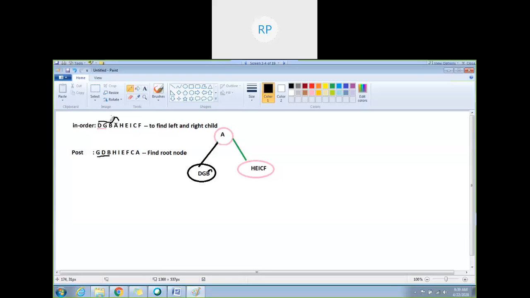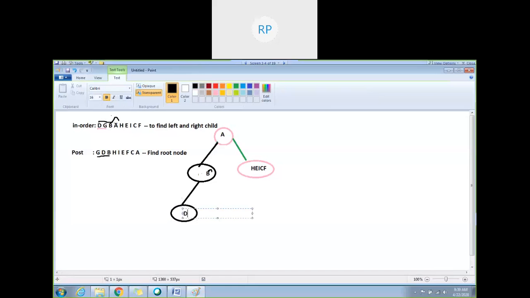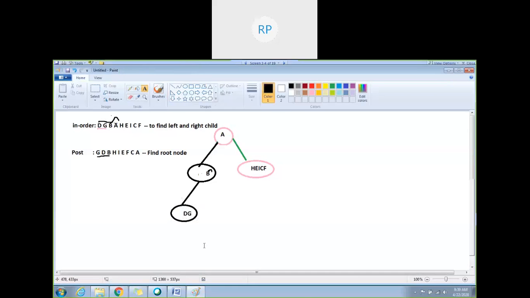But here among these three elements, B I have chosen as root node, and there is no right side element after that. But I have two elements on the left side, D and G. So both D and G will come on the left side only.